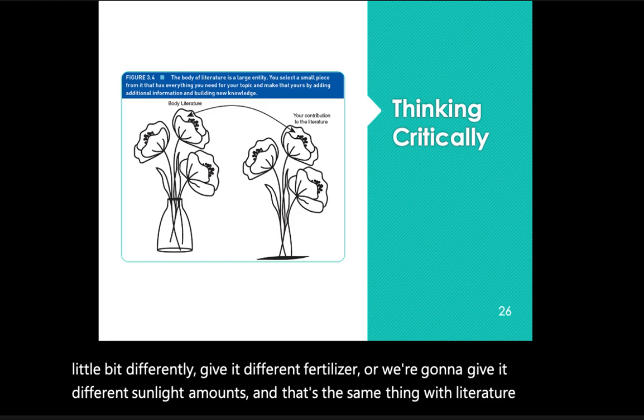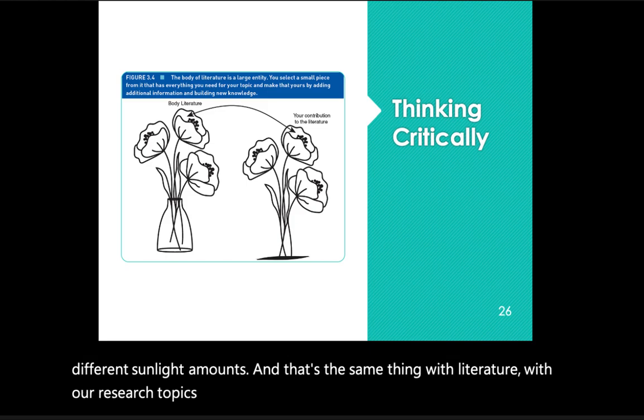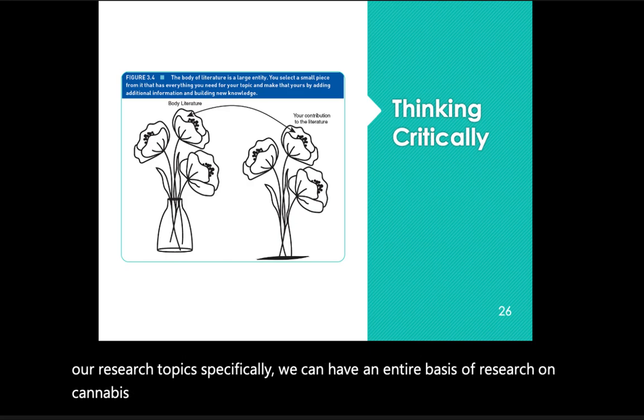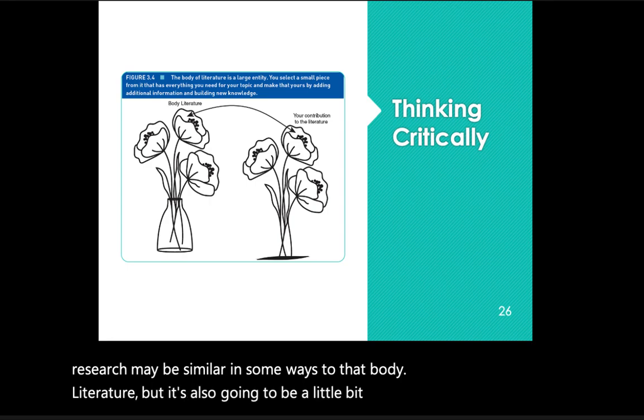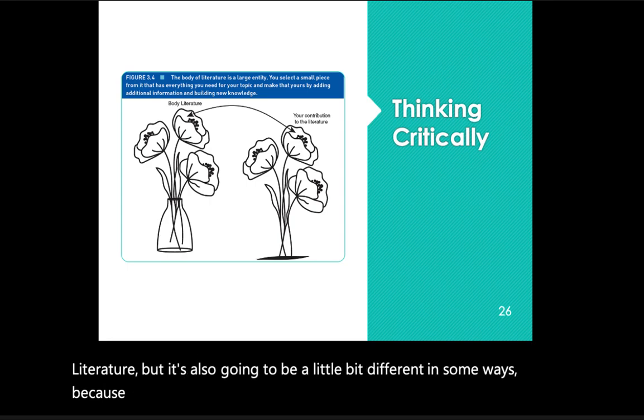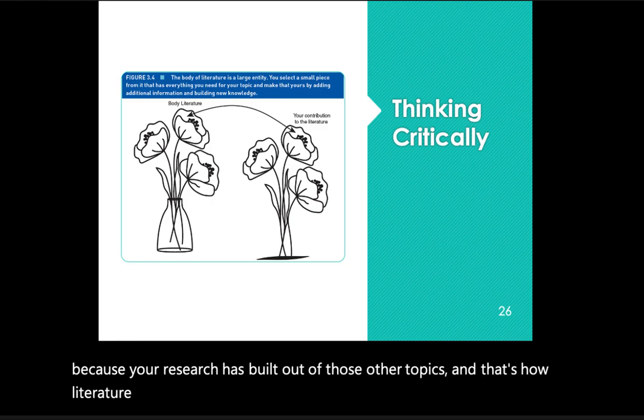With our research topics specifically, we can have an entire basis of research on cannabis or alcohol use or whatever your topic of interest is, and your research may be similar in some ways to that body of literature, but it's also going to be a little bit different in some ways because your research has built out of those other topics. And that's how literature works in our modern day of having access to so many research articles at the same time.